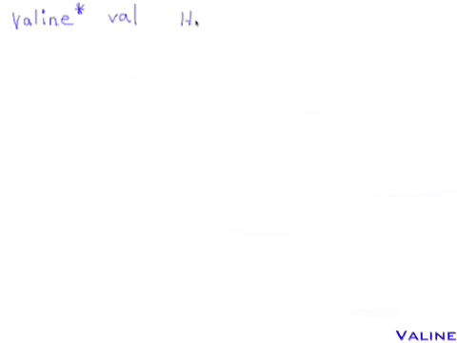If I draw my amino acid framework and draw valine, valine is probably more closely related to leucine and isoleucine, and alanine. It has an alkyl group off of it, and what's that group called? Isopropyl. So valine has the isopropyl group off of it.